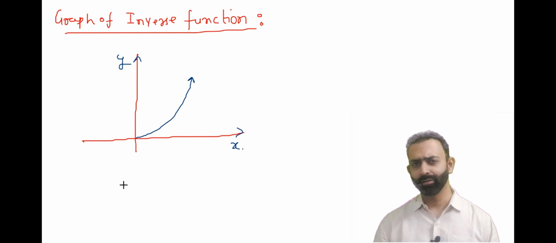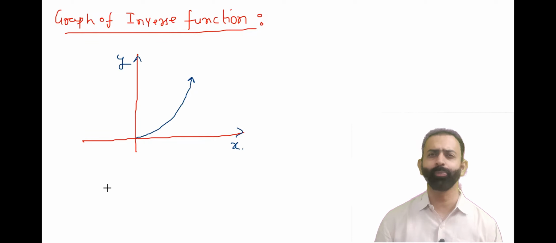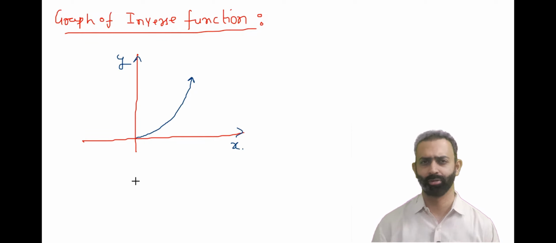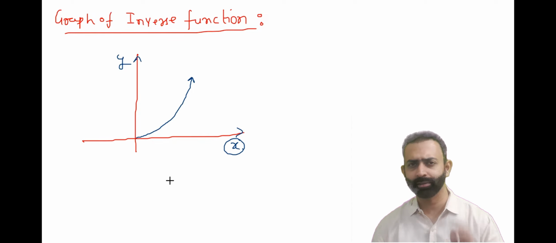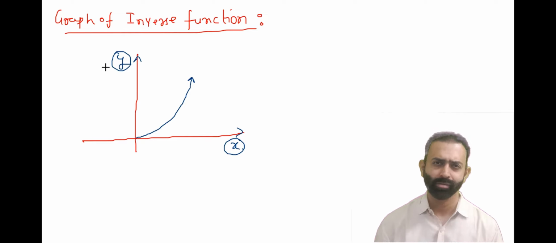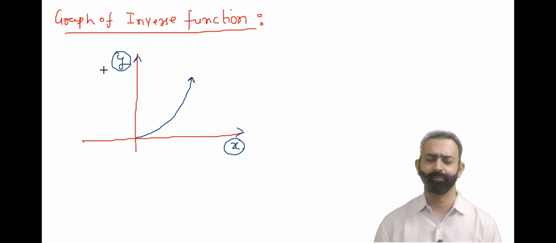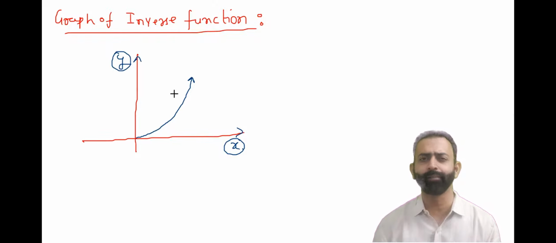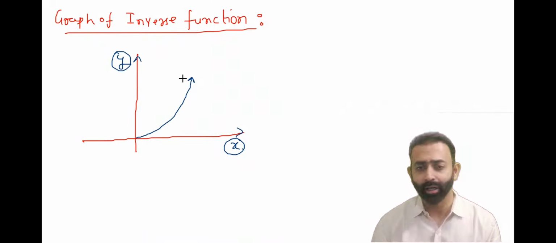Now what we have done algebraically is, as we know, that output becomes input and input becomes output, meaning this x becomes the output axis and this y becomes the input axis. When we do this, what it basically means is that it is just the reflection of this graph along some straight line.